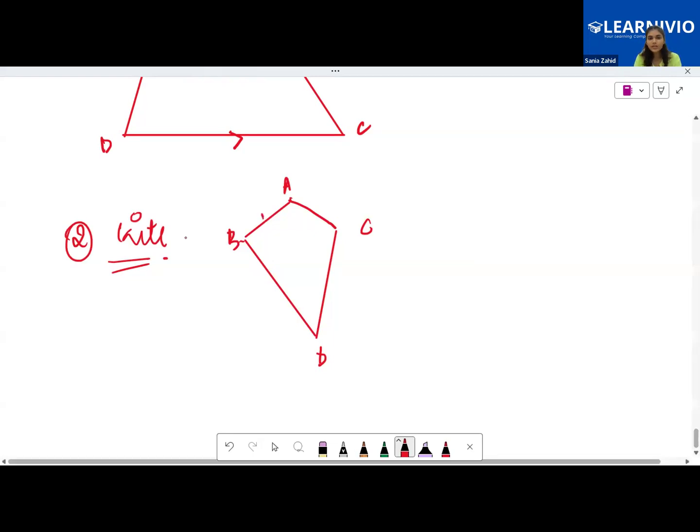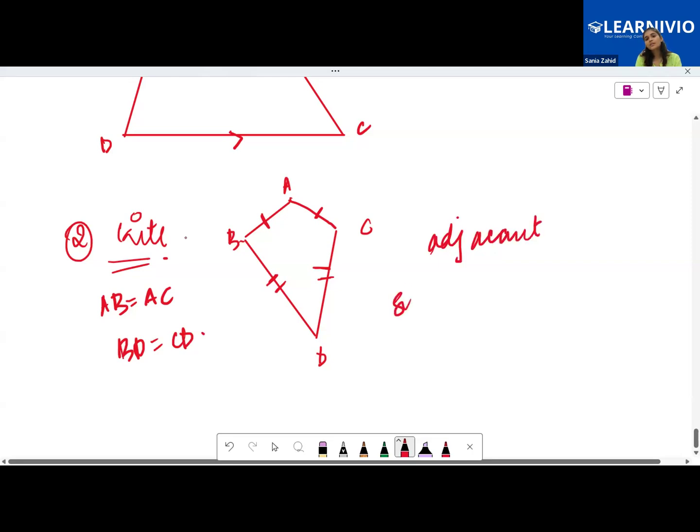Like you have AB and AC, so AB and AC are adjacent. So AB is equal to AC because they are adjacent sides. Then BD will be equal to CD because they are adjacent. So in a kite, adjacent sides are equal.